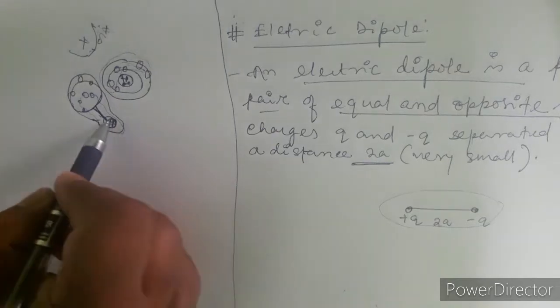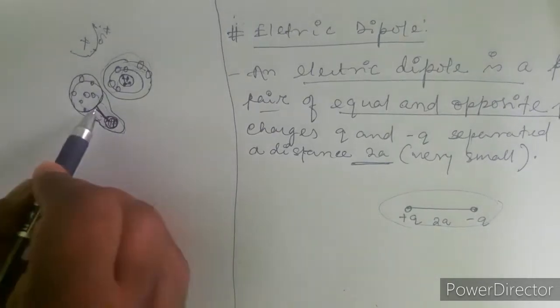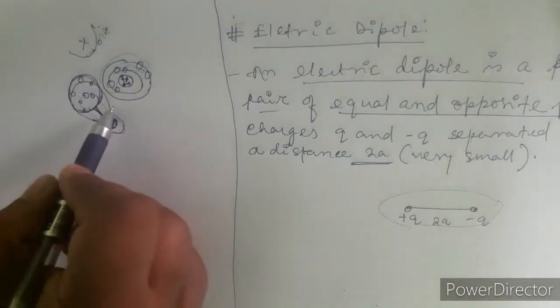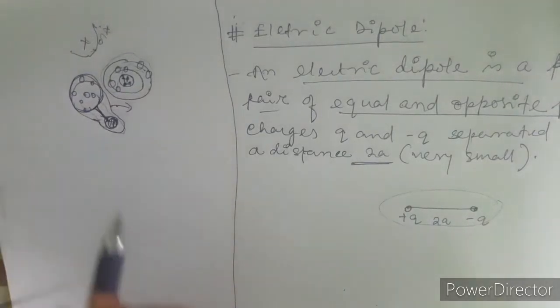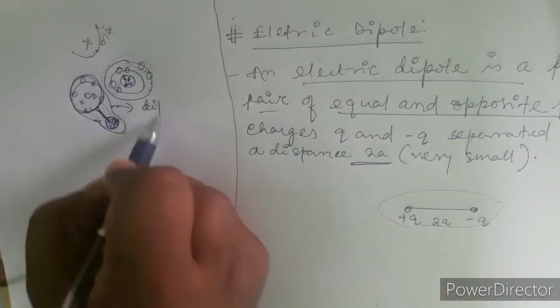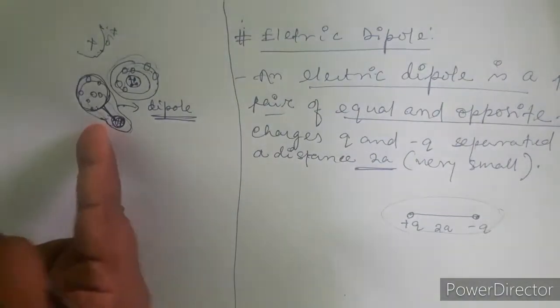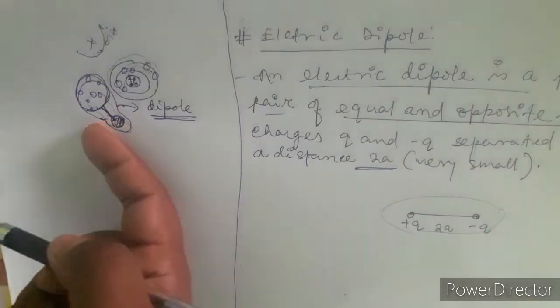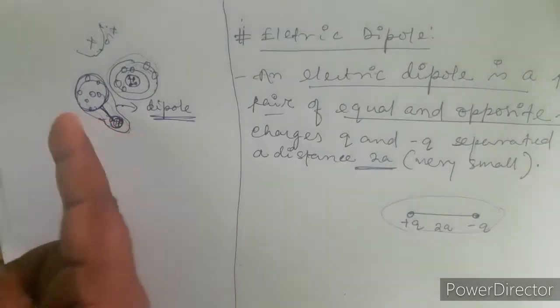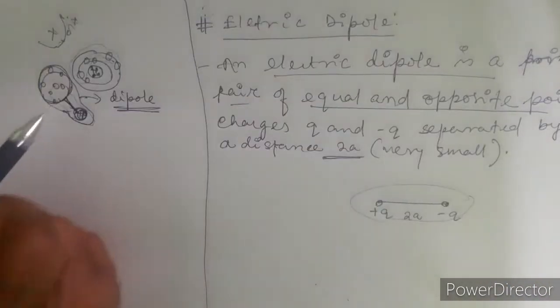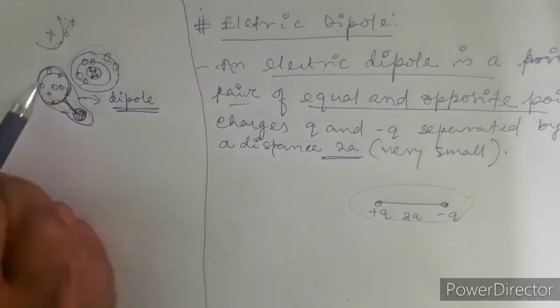You know that in an atom the number of protons is equal to the number of electrons, so here it has created a dipole with some dipole moment, which we will calculate now. So it is a dipole having equal negative charge and equal positive charge.